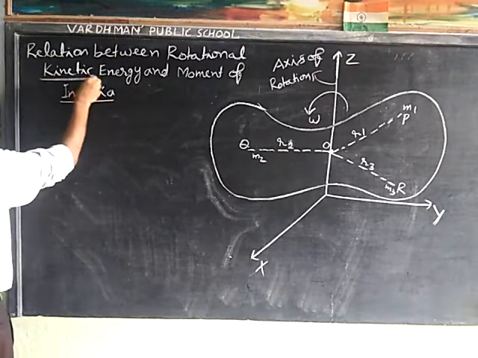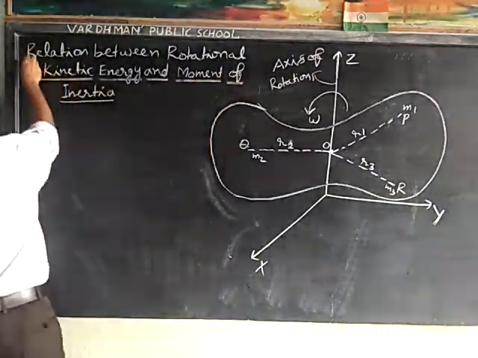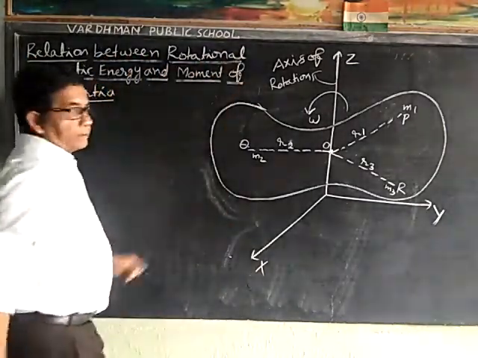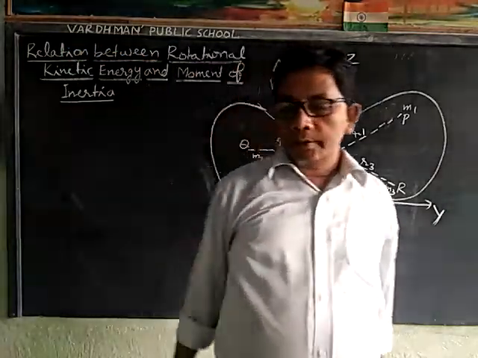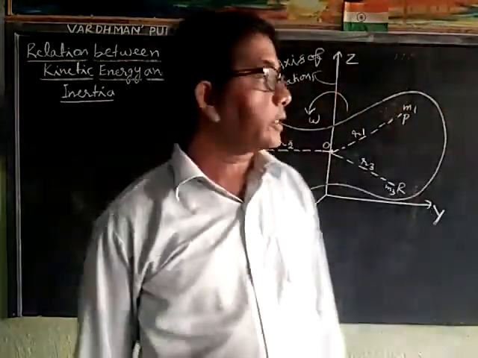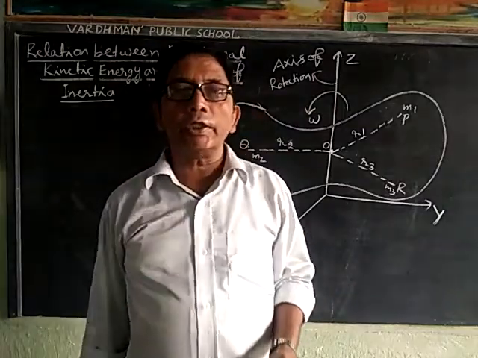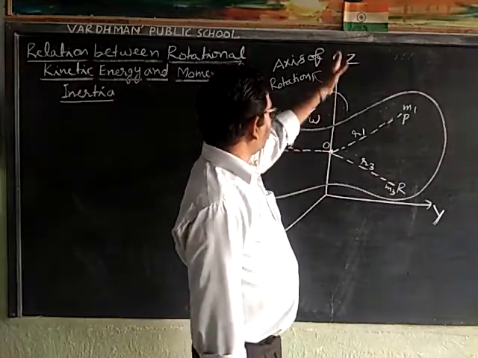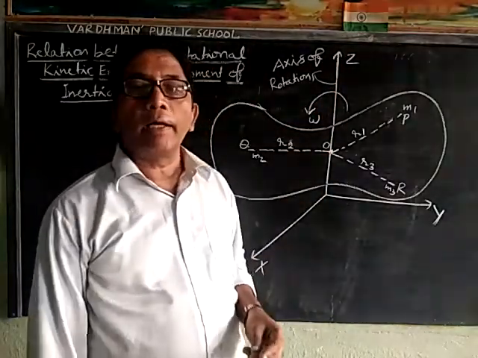Relation between rotational kinetic energy and moment of inertia. Consider a rigid body rotating about a fixed axis OZ with constant angular velocity omega.